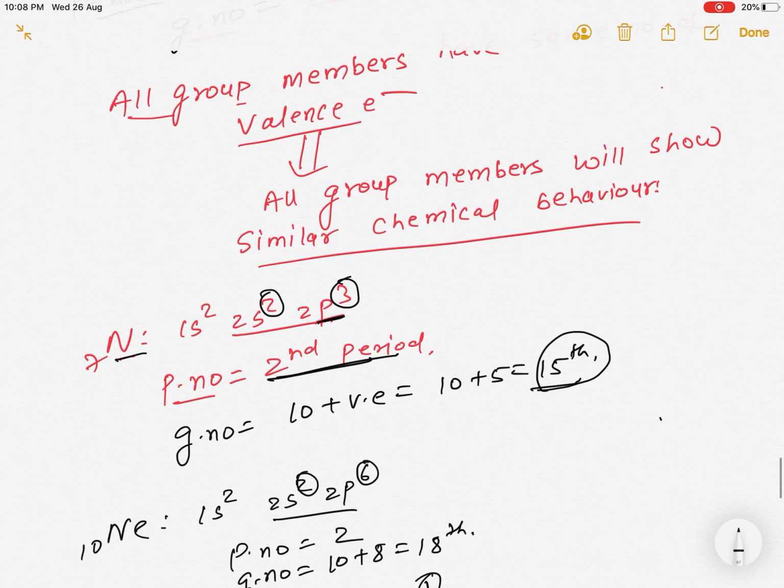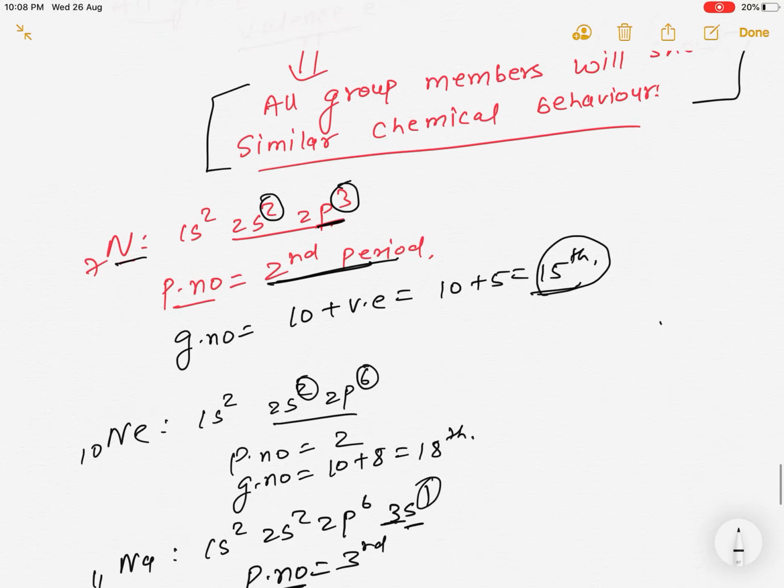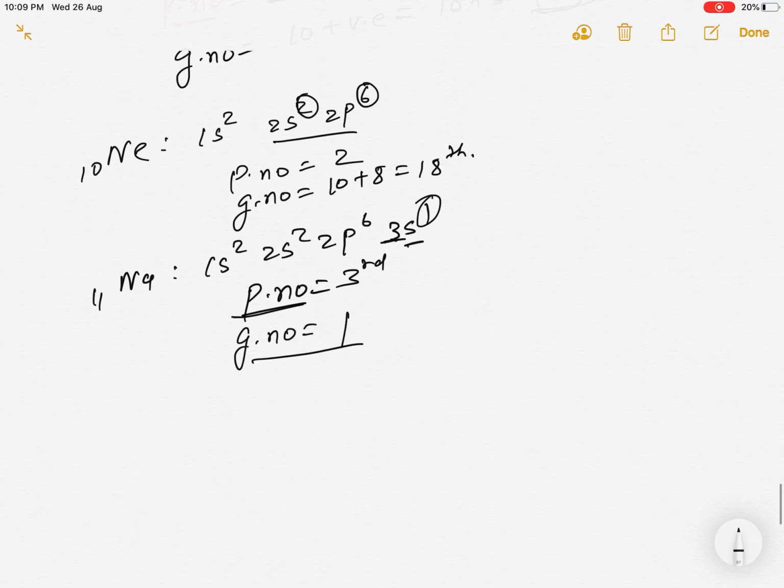One more thing. Coming back to this, you see that all group members will show similar chemical behavior, right? And if you write the electronic configuration of noble gases like neon, as we have seen, other than helium, you will find all the noble gases are p block elements and they all have 8 valence electrons.